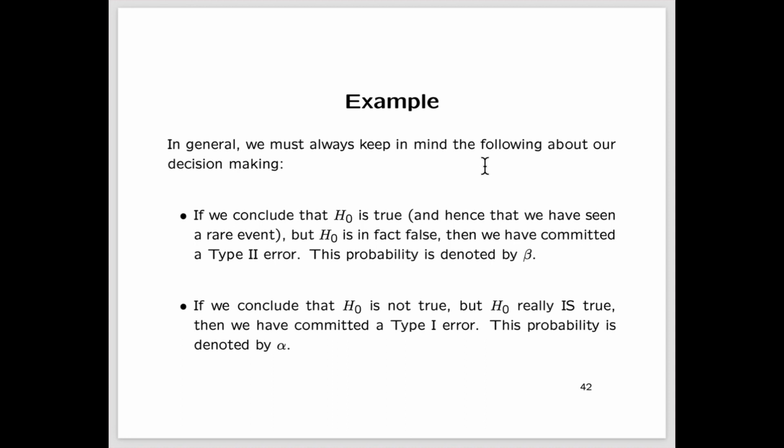It's a type 2 error. And we know that the probability of a type 2 error is denoted by beta.